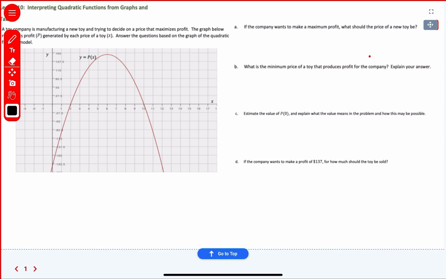X is the price. It's $6, yeah. Right here, $6. That gives you the highest peak. So there you go. It should be at $6. If you sell it for less than that, you're not making as much as you can. If you sell it for more than that, maybe people are not buying it. Okay? So $6 is the perfect amount there.